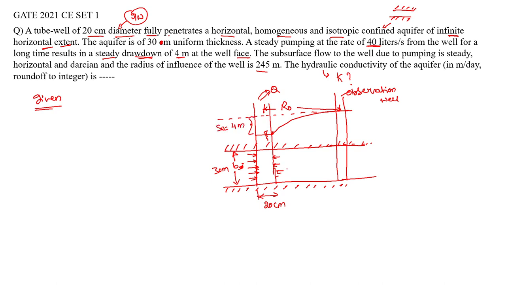Now they want to know the hydraulic conductivity of this particular aquifer. I'll write the equation here: 2 pi K B SW divided by ln of capital R naught divided by small rw. So can anybody guess the answer? How much is K?